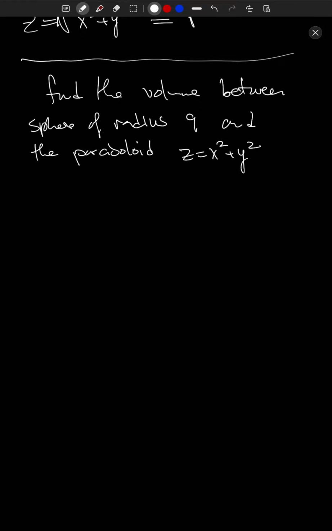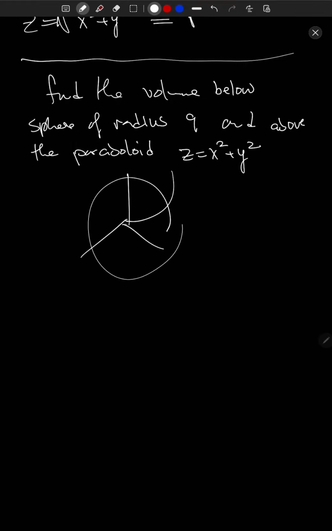Actually, this is maybe a little ambiguous because there's two regions perhaps you could be talking about. So maybe find the volume below and above. Right. So in effect, our picture is something like this. We've got a sphere. We've got a paraboloid, like that, and we're finding the volume of this region here.